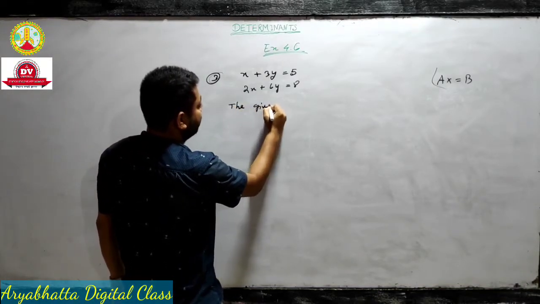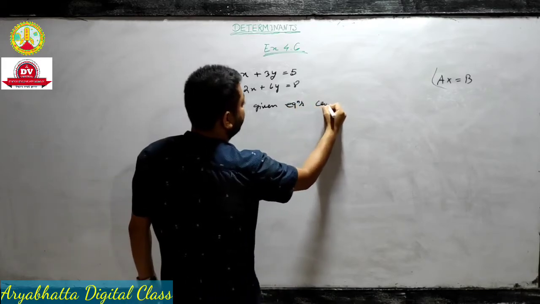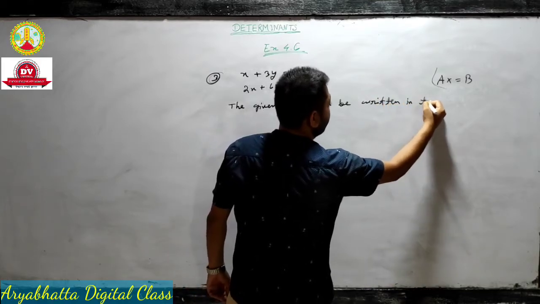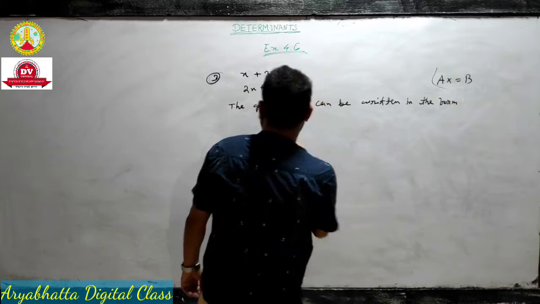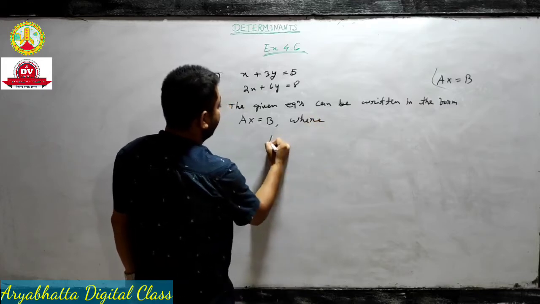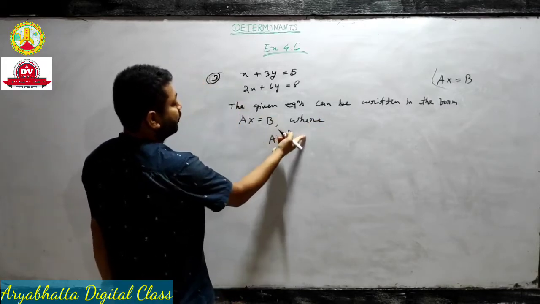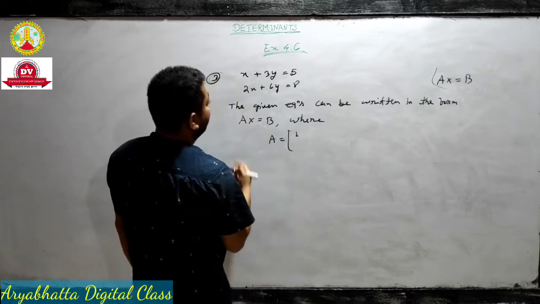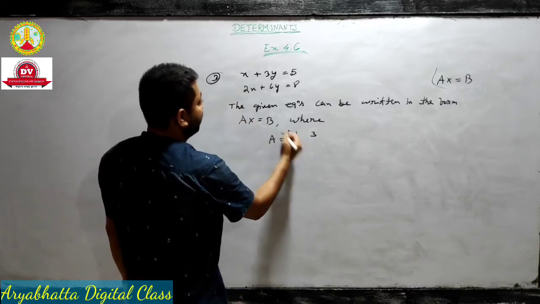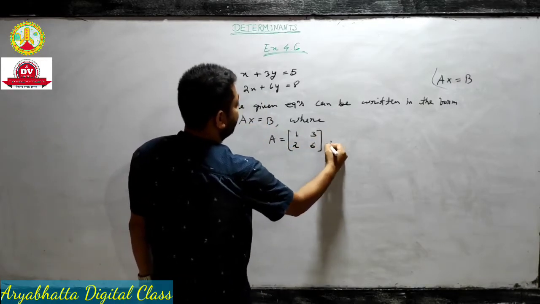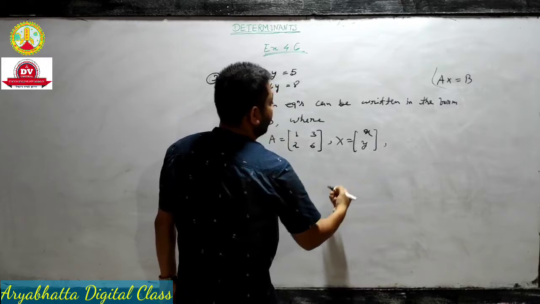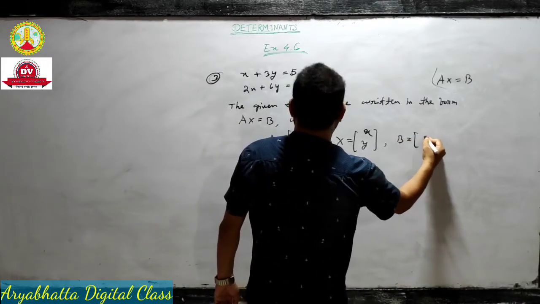The given equations can be written in the form AX equal to B, where A equal to, for the first row, the coefficient of x is 1, the coefficient of y is 3, for the second row, the coefficient of x is 2, the coefficient of y is 6. X equal to the column x, y, and B equal to 5, 8.